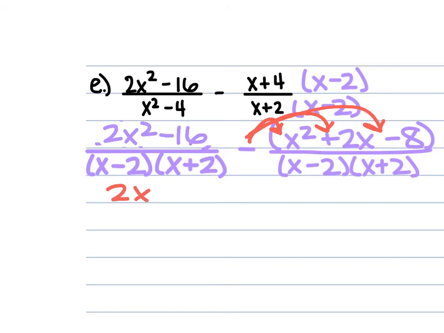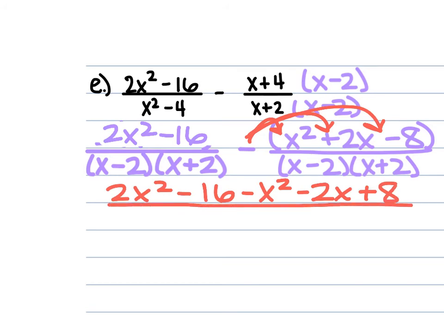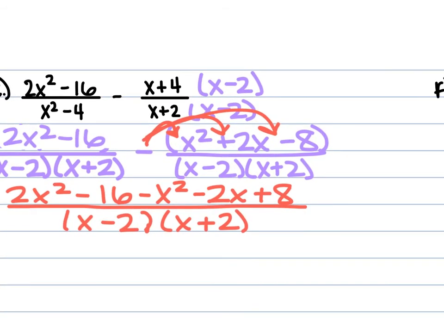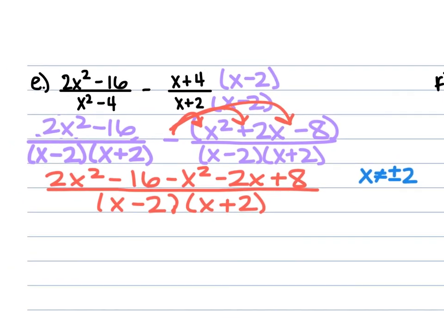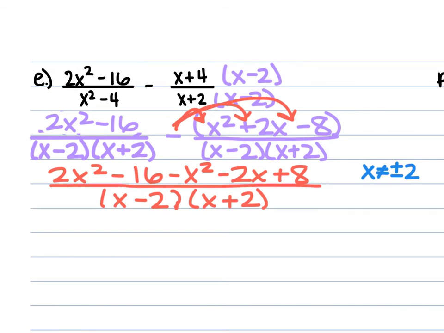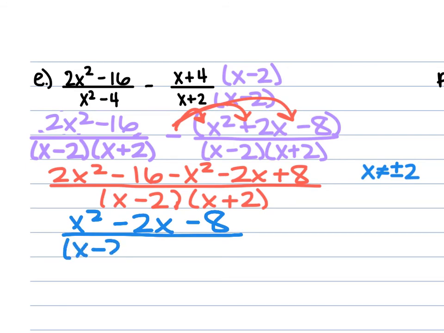So we're going to have 2x squared minus 16 minus x squared minus 2x plus 8 all over x minus 2 times x plus 2. So from here, you can tell me that x cannot equal positive or negative 2, because of the x minus 2 and x plus 2. Then you also can combine like terms.